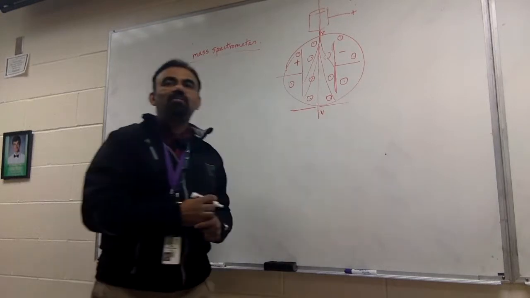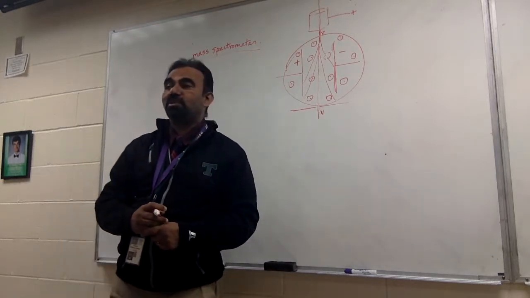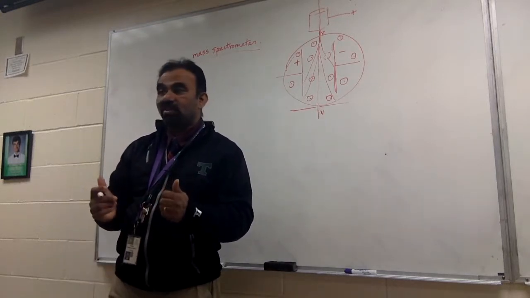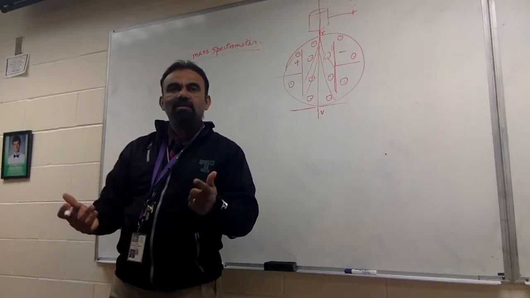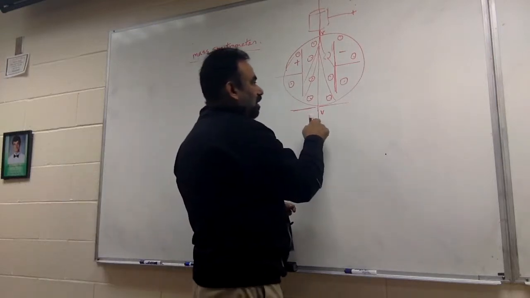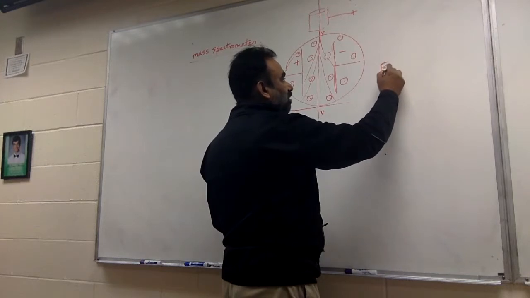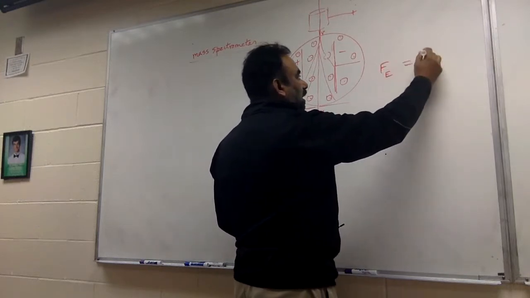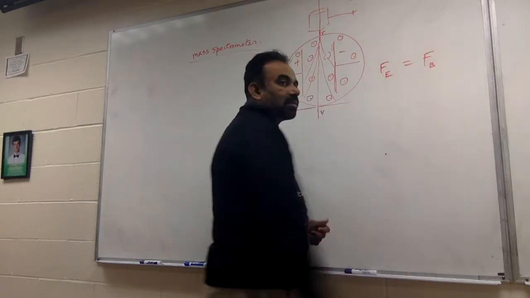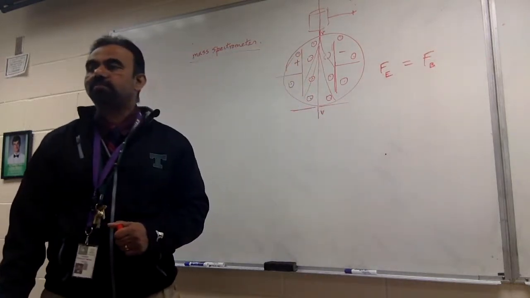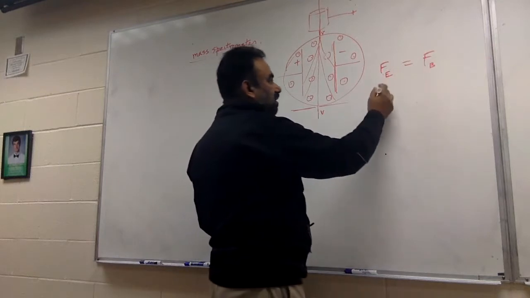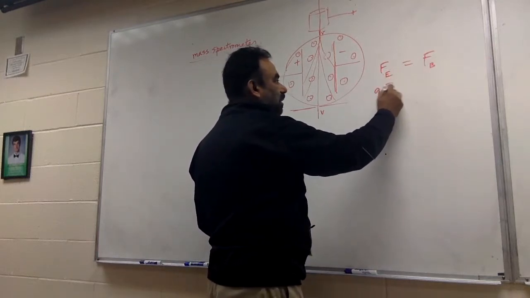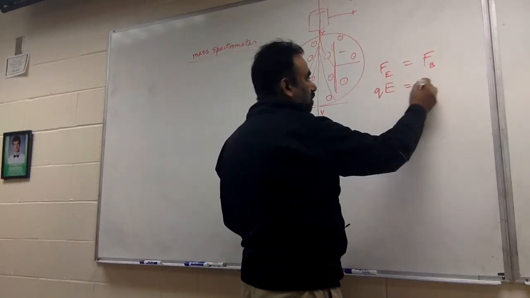The ones which come right through are the ones which experience equal electric and magnetic forces. So the ones which are coming here will have the electric force and the magnetic force balanced. What's the formula for electric force? qE. What's the formula for magnetic force?